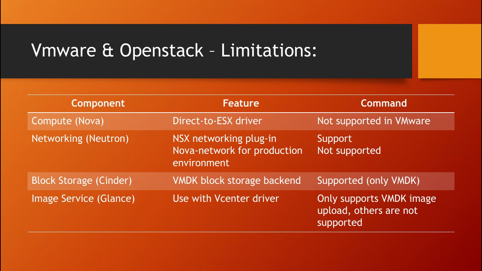For networking, Neutron with the NSX network plugin inside your OpenStack is supported, but Nova network for a production environment is not supported. You can still use Nova network in production at the risk of not getting support from VMware, or you can test this component in development or pre-production servers.